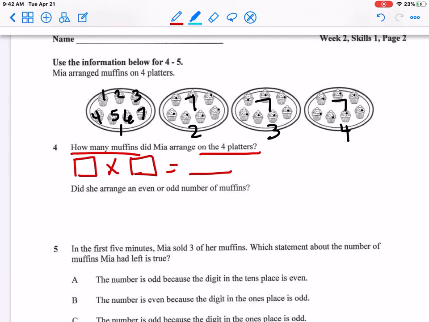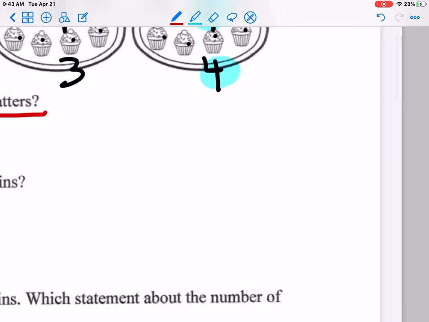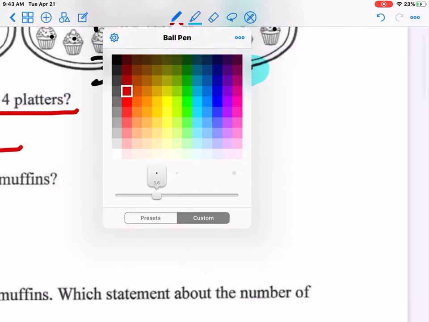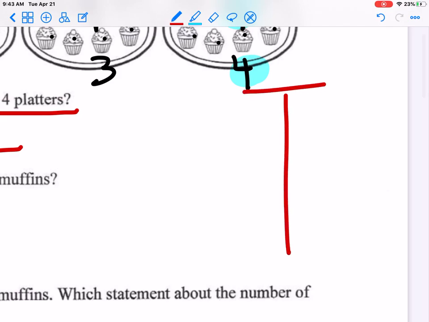Well, I know I have 4 platters, and I know I have 7 muffins on each. So 4 times 7 equals, and if I don't know that from the top of my head, I of course use my domino.